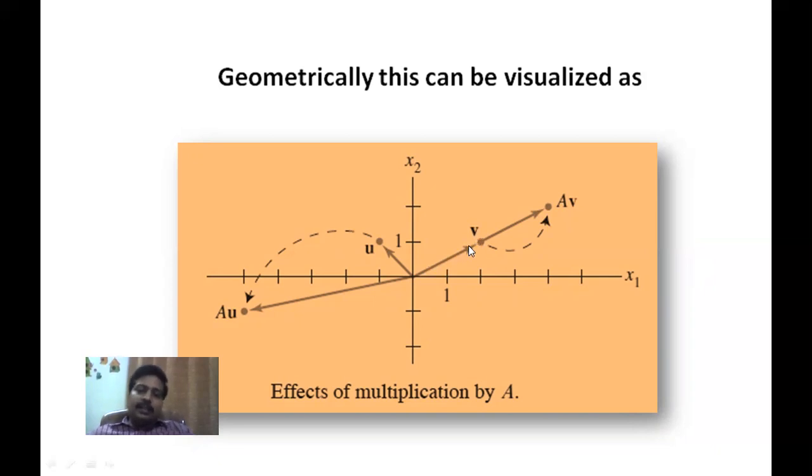Similarly, we can enhance the signal or anything, we can enhance or reduce it by multiplying with a suitable matrix A. Here we can also observe that the matrix A can enhance V in a particular ratio, that is the eigenvalue.